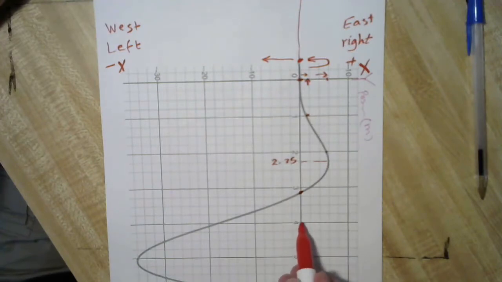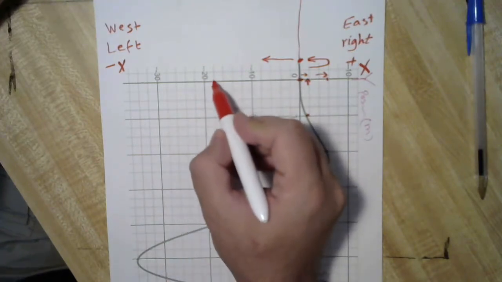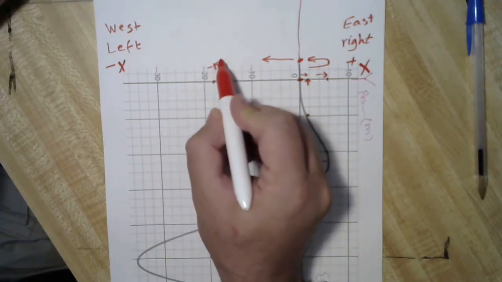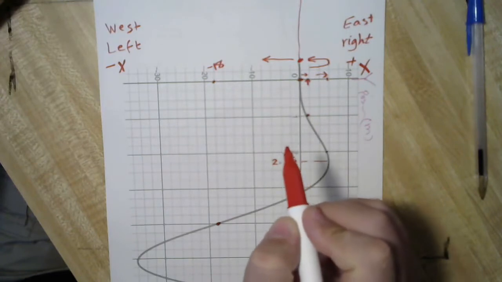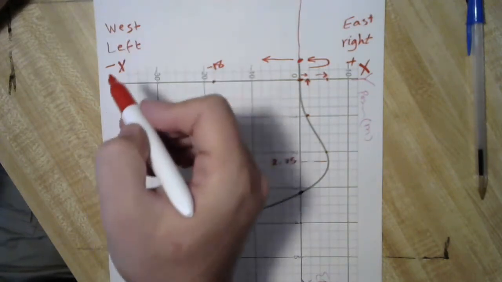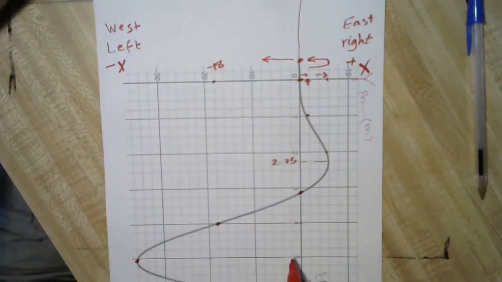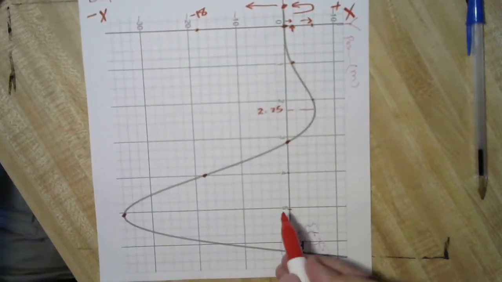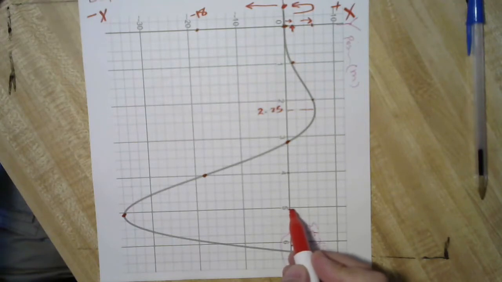At t equal 4 seconds, the body is at minus 18 meters, and so on. Also, the body's returning point in the left direction or west or negative x direction is at t equal 5 and something more than 5.